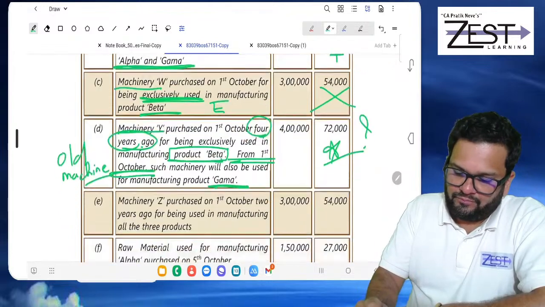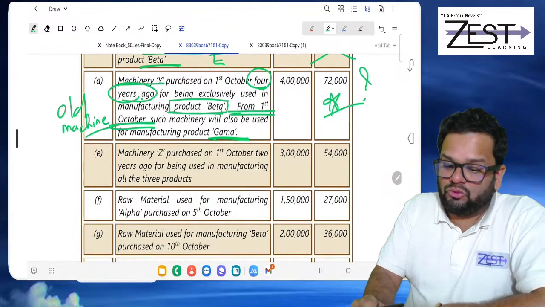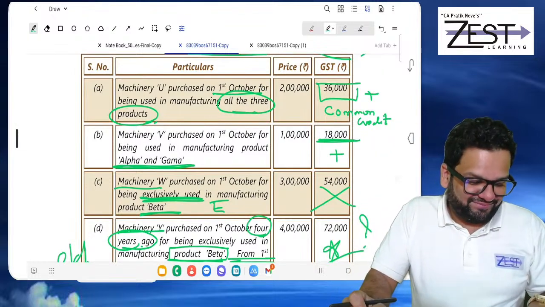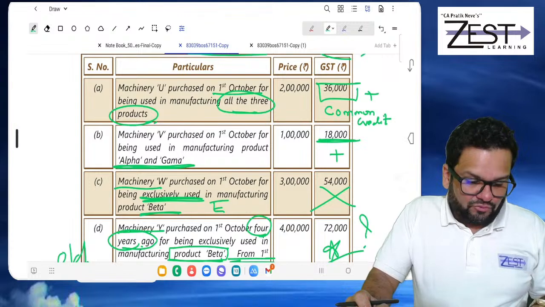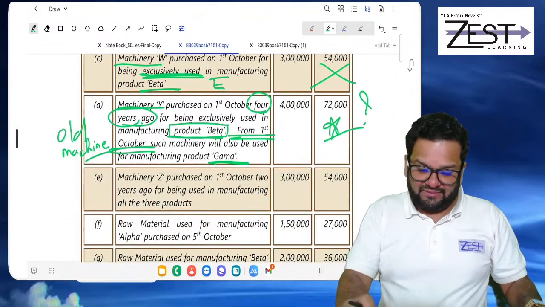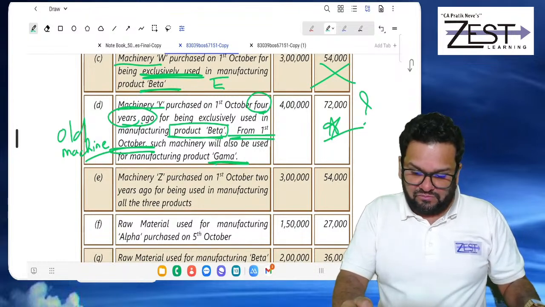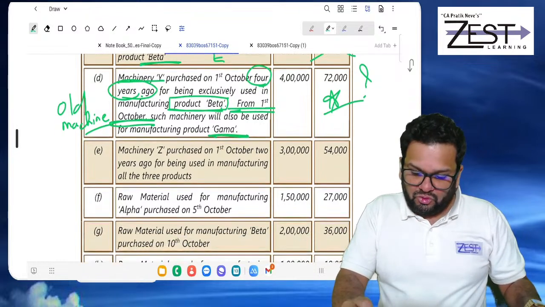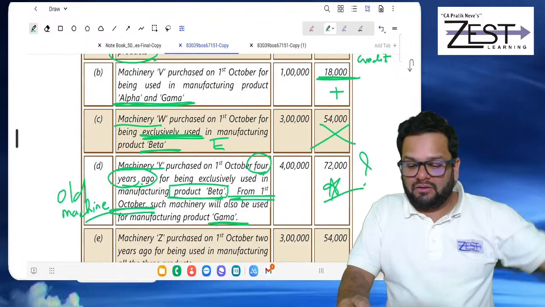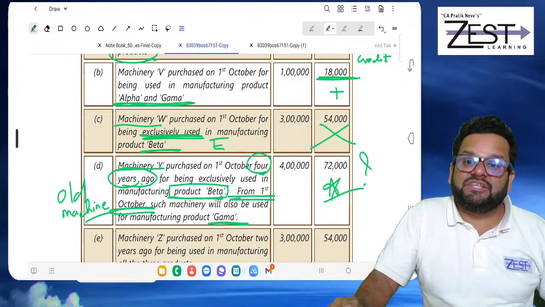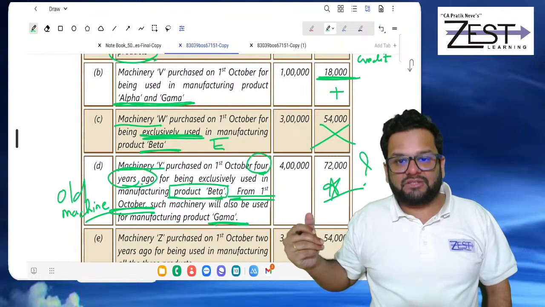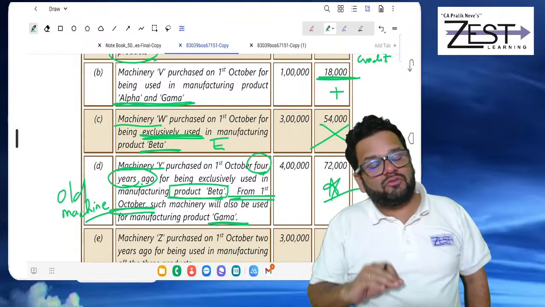Okay. You understand that earlier only you would have claimed its ITC. 4 years back only you would have already claimed its ITC. Are you getting my point? Don't ask me why. Because you had bought it 4 years back. So in case of CG, you claim ITC as soon as you buy it. Yes or no? So 4 years ago only you have availed ITC.